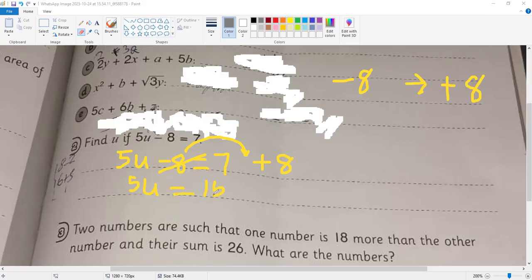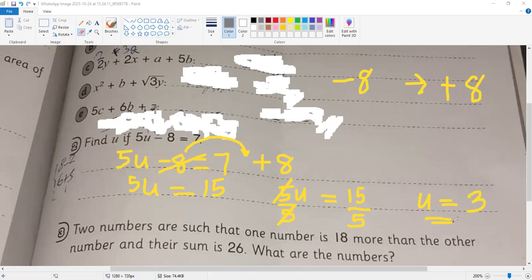We have 15, right? Now I'm going to divide both sides by the coefficient of U, which is 5, as usual. So I have 5 divided by 5, 15 divided by 5. 5 divided by 5, we get 1U, which is U. And then 15 divided by 5, I have 3.